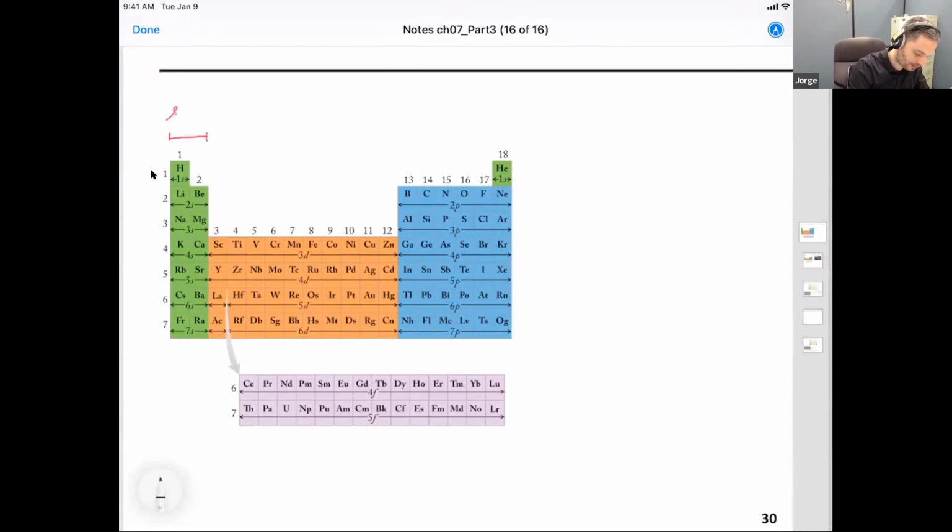this group is called S block, because they have as the valence shell s orbitals. On the other side of the table, between groups 13 and 18, we have here the p block.